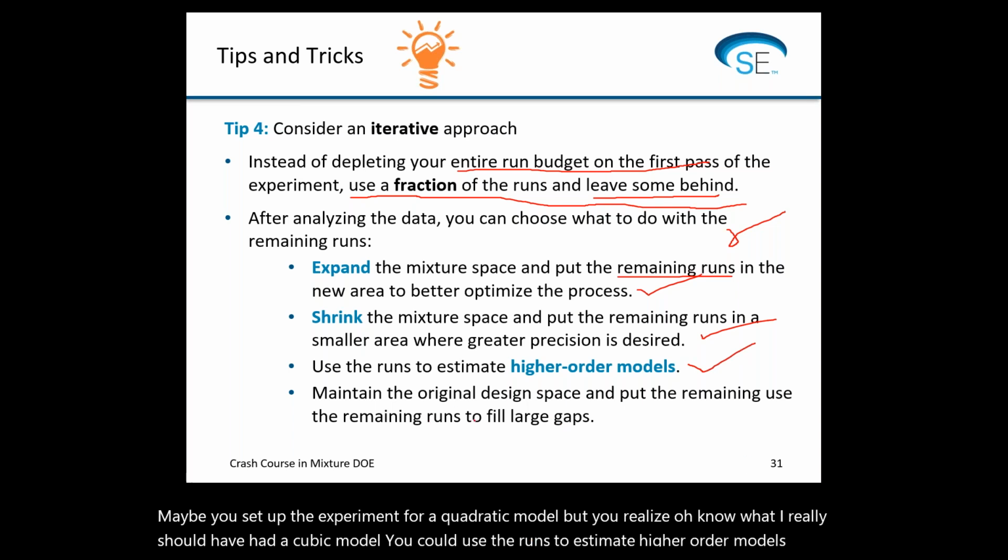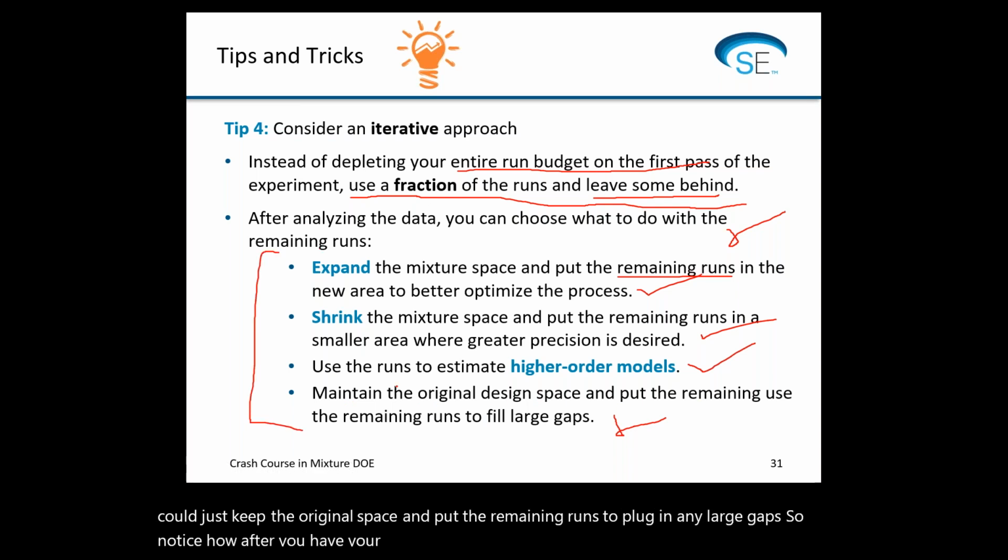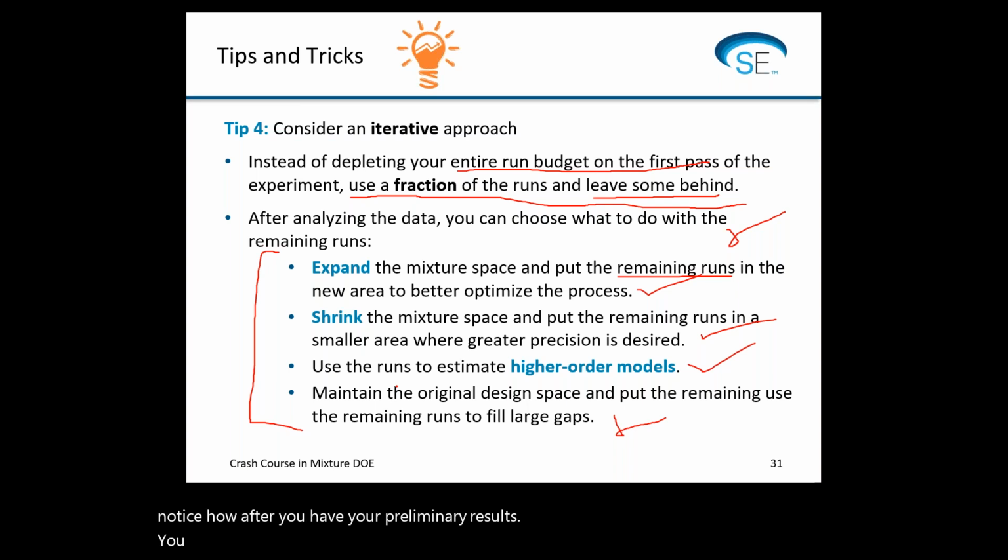Or you could just keep the original space and put the remaining runs to plug in any large gaps. So notice how, after you have your preliminary results, you could choose what to do to perhaps get a better result going forward. And this is not often taught.